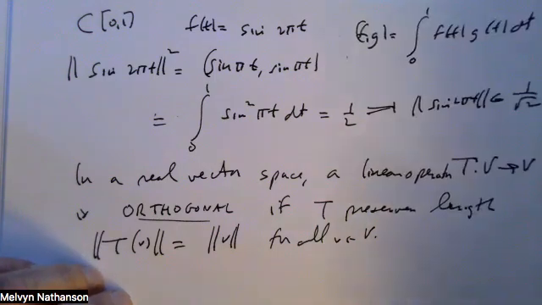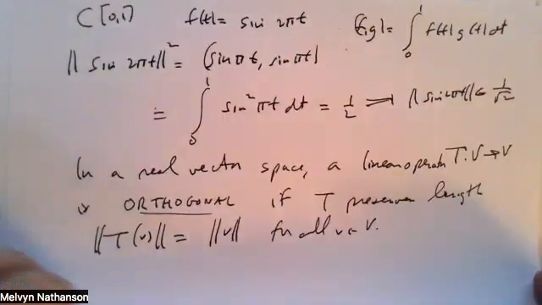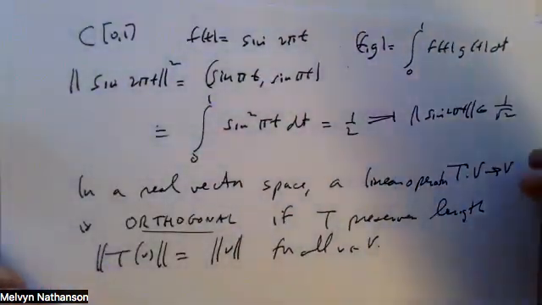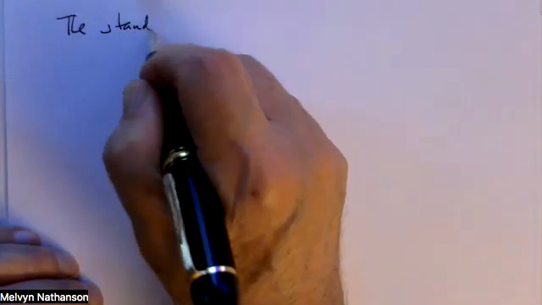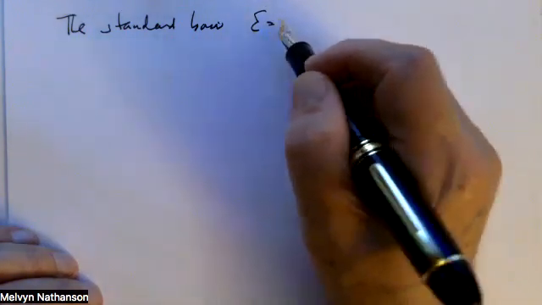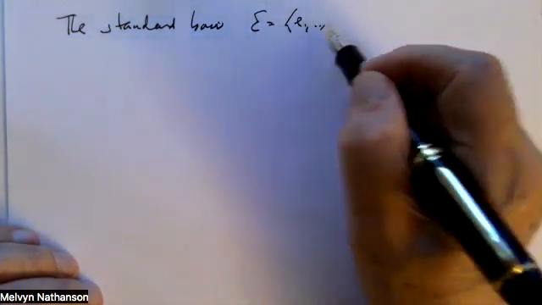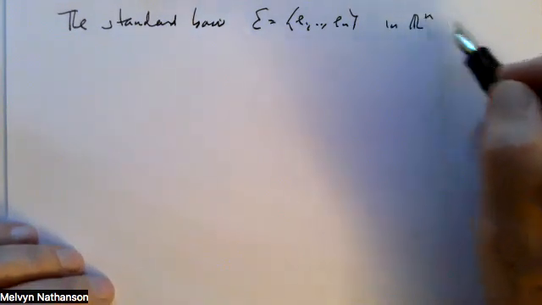Orthogonal transformations are very important, certainly in physics and engineering, in many applications. Now, the nicest basis for Rn is the standard basis, consisting of the vectors e1 up to en in Rn.